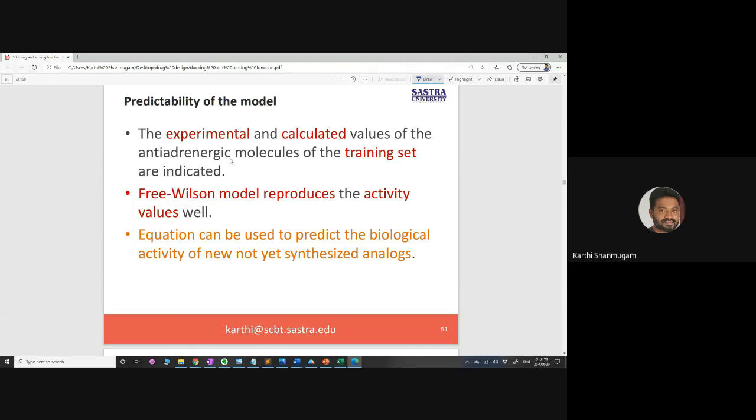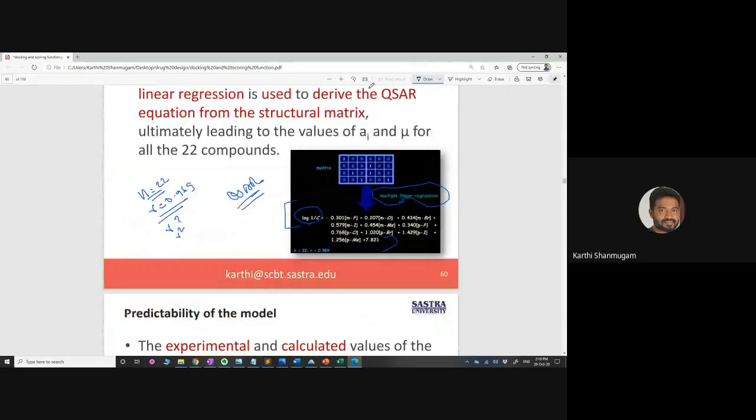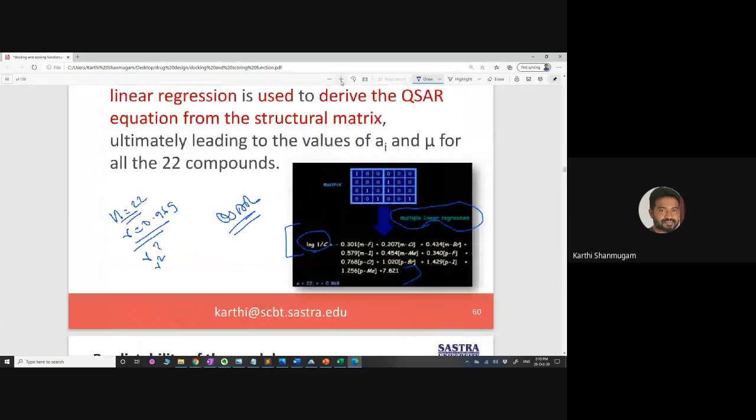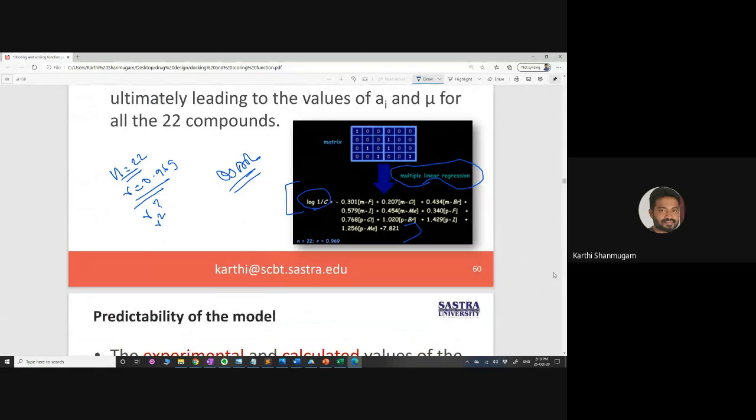So how can we make use of this equation? We can use this equation for predicting the biological activity. The three major applications we already discussed, right? One is we can understand how the structure is related to the biological activity, the structure-activity relationship.